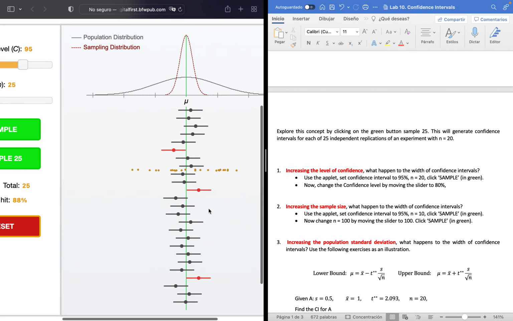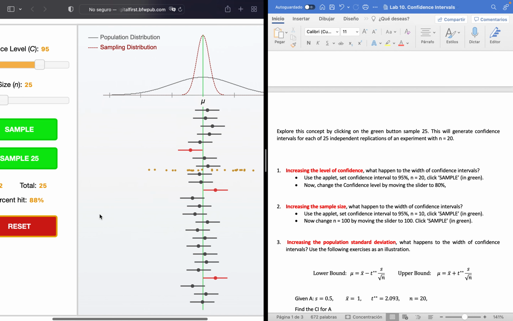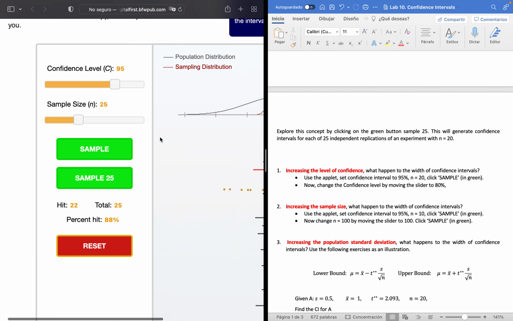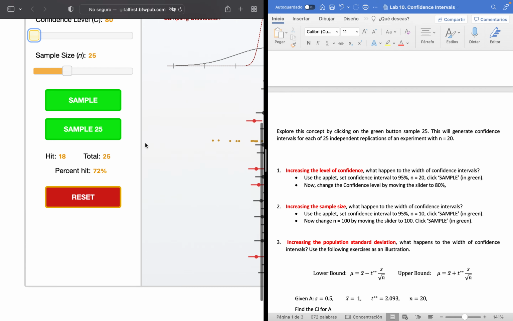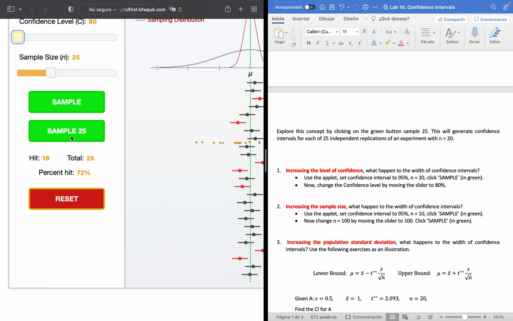Now change the confidence level by moving the slider to 80%. So we're going to decrease the confidence level, to 80%, the minimum we can have. And then sample 25.